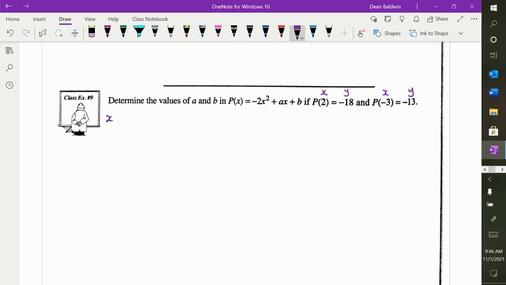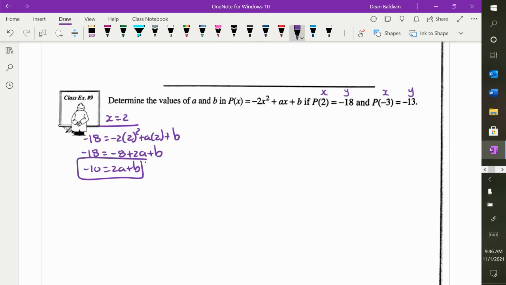So the first one, I'm going to go x is equal to 2, and I'm going to plug it in. So I get negative 18 plus b. All right.